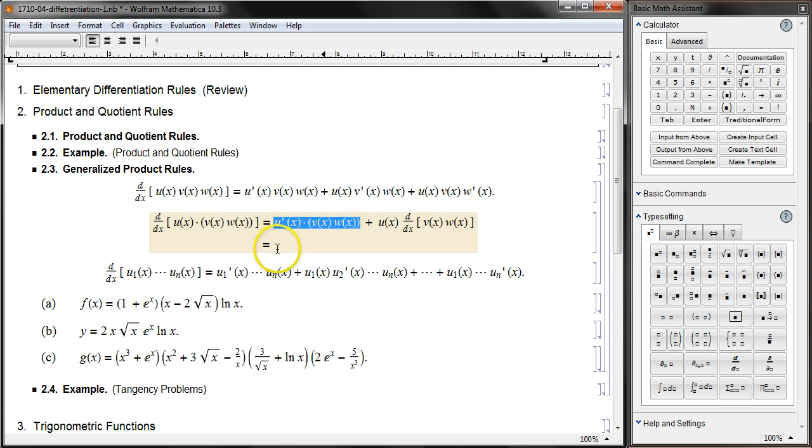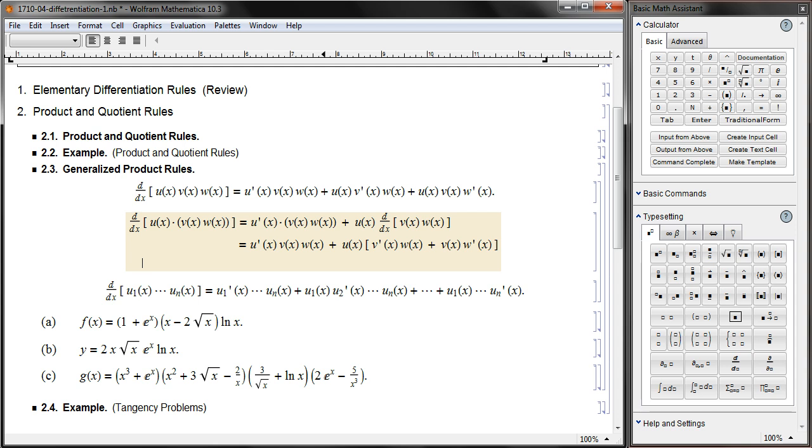First term is all set. It's u prime of x, v of x, w of x. Next, u of x, and then we have v prime of x, w of x, plus v of x, w prime of x.